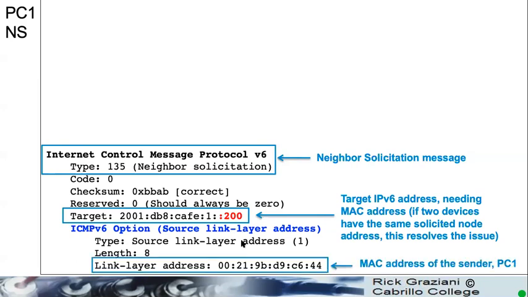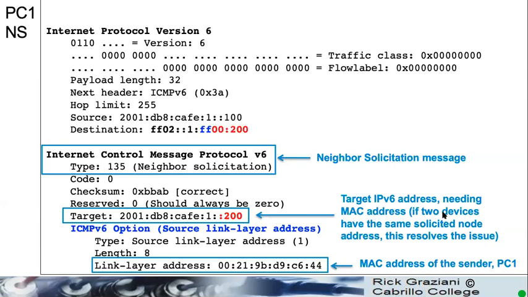Now I'm also going to include my MAC address, so whoever responds with a neighbor advertisement message can send it directly to me. I know this IPv6 address. I need to know the MAC address. Okay, so this gets encapsulated over IPv6.